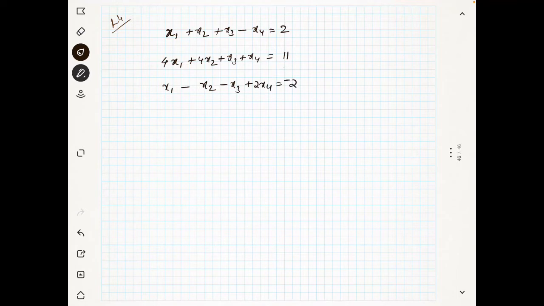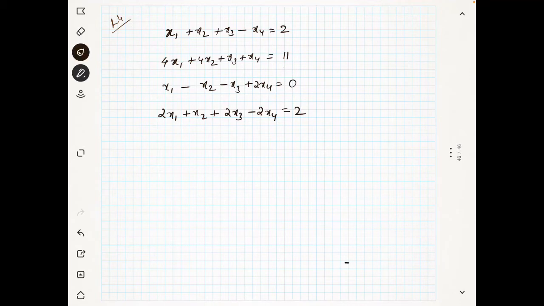Now another equation is 2x1 plus x2 plus 2x3 minus 2x4 is equal to 2. Sorry, I have made a mistake here. This is 0. So let me check the equations.